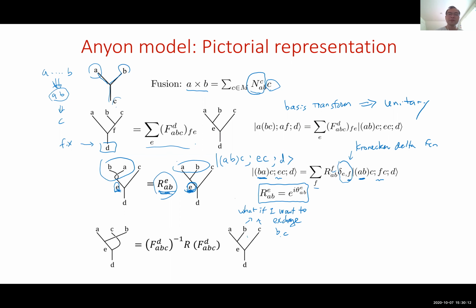I first do a basis transformation so that B and C are fused to a particle F. Then I can do the exchange using this rule. It's diagonal. Then I transform the basis back.